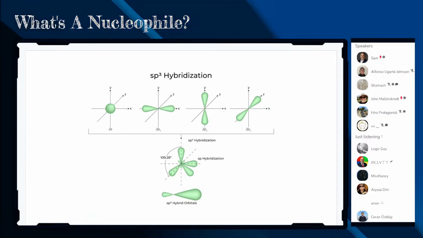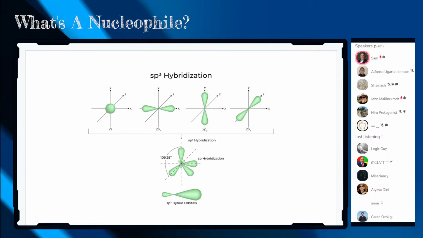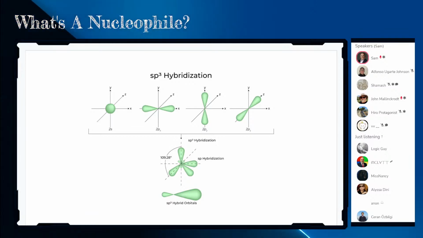So a tetrahedron is four faces, and when a carbon atom doesn't have any multiple bonds, so all the bonds around it are single bonds, the geometry around the carbon atom is tetrahedral.